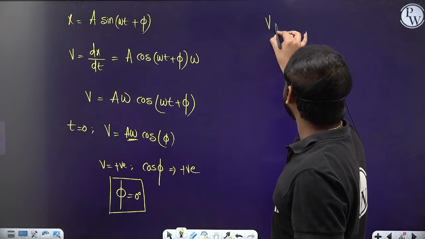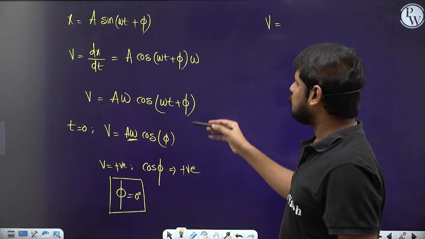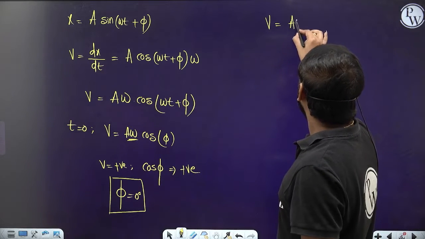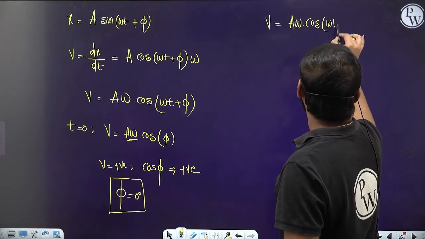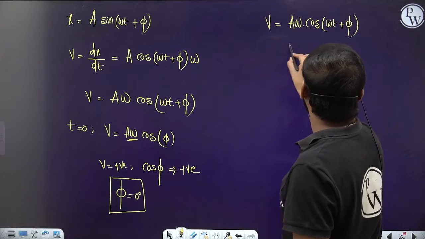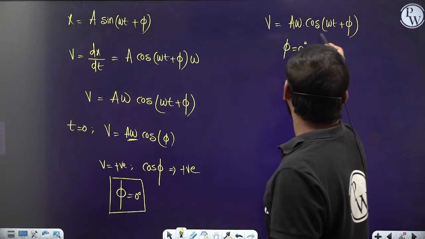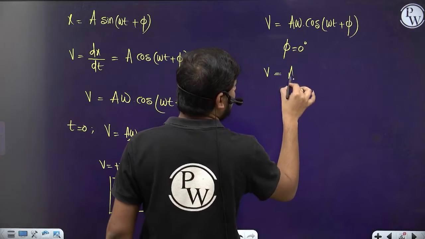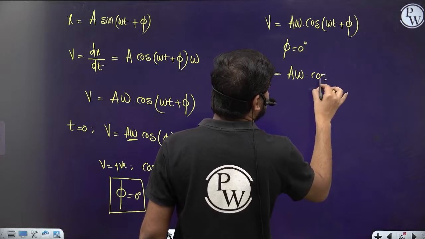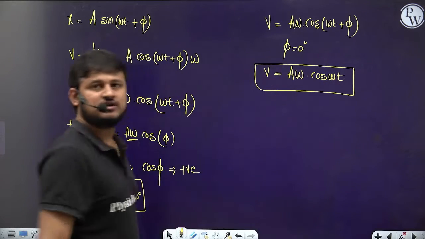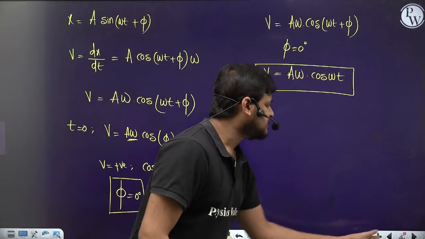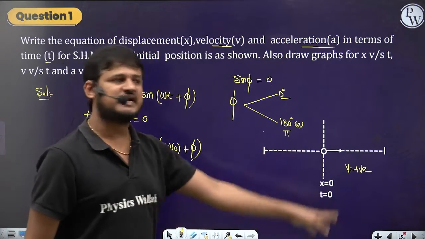So what's the velocity equation? v = A omega cos(omega t + phi). The initial phase phi is 0 degrees, so the velocity equation will become v = A omega cos(omega t). This is the velocity equation if the particle is performing S.H.M from the mean position towards the right extreme position.